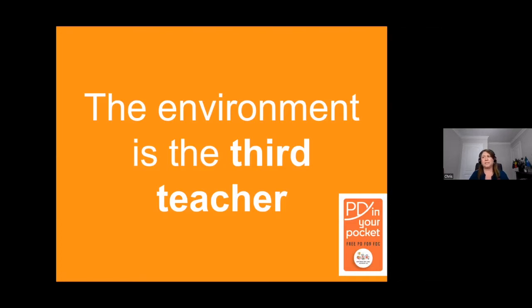He referred to this as the third teacher, alongside adults and other children. Children's engagement and interaction with their environment helps them to construct their own learning. So I think we can see from this phrase that it's really important that we have the educators that care for the children, we've got the children themselves, and in third place, it actually becomes the third teacher. So it's really important that we focus on the environment because it's so crucial to the children's learning and development.